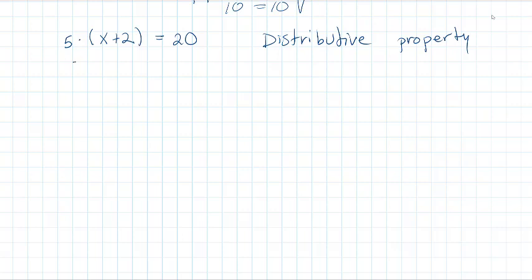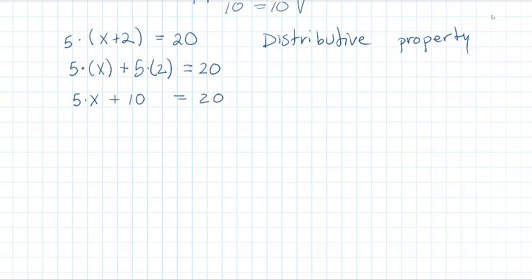The distributive property says that 5 times (x plus 2) in parentheses is just 5 times x plus 5 times 2, and that should equal 20 on the right. Now, because there's a single number in each one of these parentheses, we can drop them. And so we get 5 times x plus 5 times 2, which is just 10, equals 20.